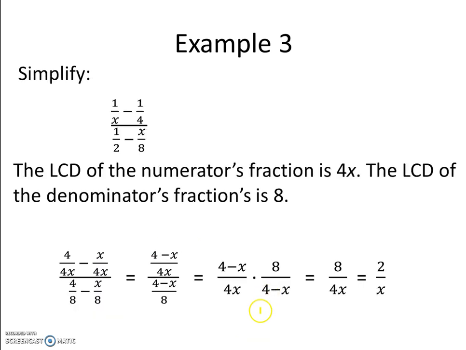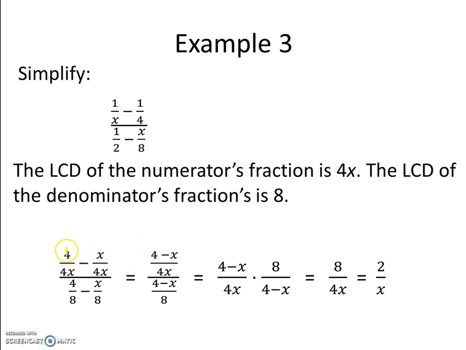Example 3, something we haven't seen, but we certainly can do it. We have an x in the numerator as well as in the denominator, and we find that the LCD is 4x. So the LCD of the denominator is 8, and the numerator is 4x.